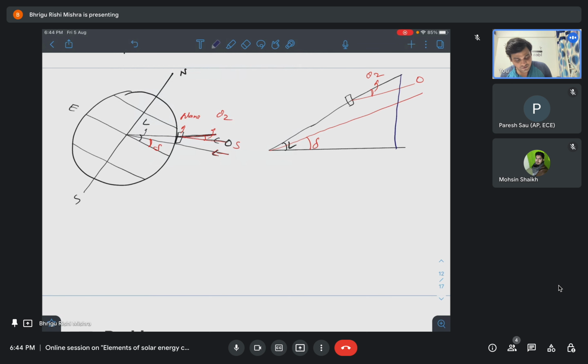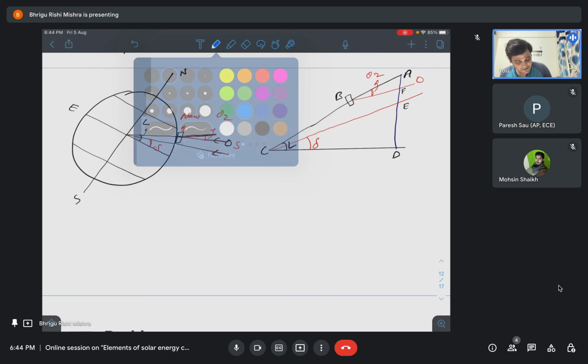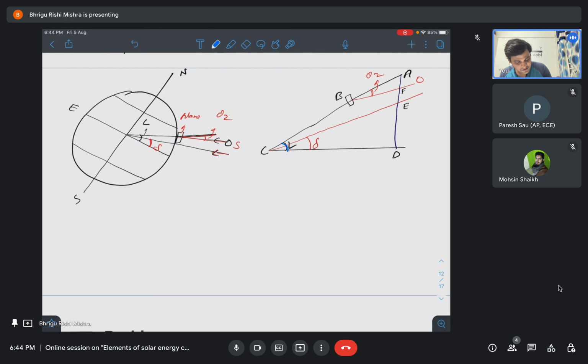Okay, if I name the positions, suppose this is A, B, C, D, E and F. This complete angle is L and this is delta. So this angle will be L minus delta.